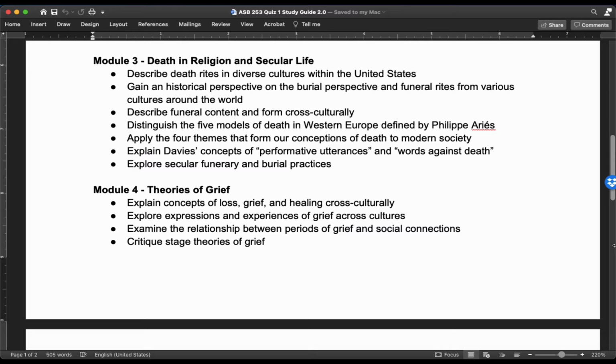Within Module 3, we also looked at a lot of different secular practices in terms of death rites. There are humanist groups that will come and give life celebrations, other secular rites designed to be however the deceased wants them to be. Cremation is an option that's gained more popularity in recent history.